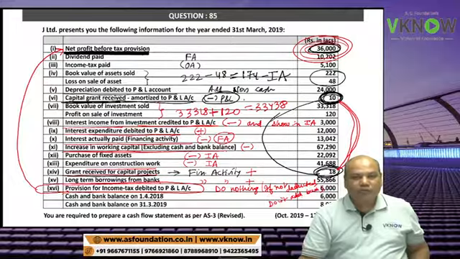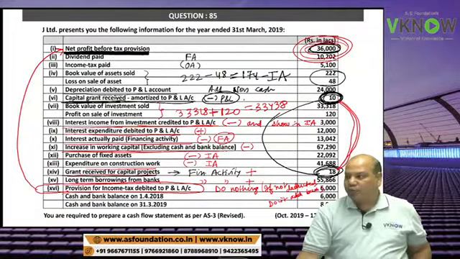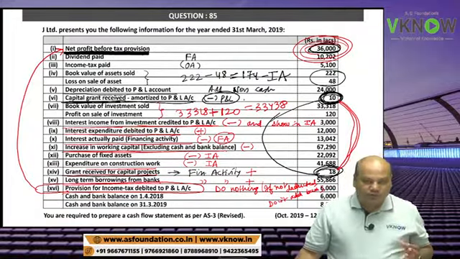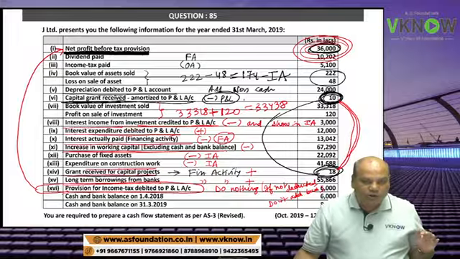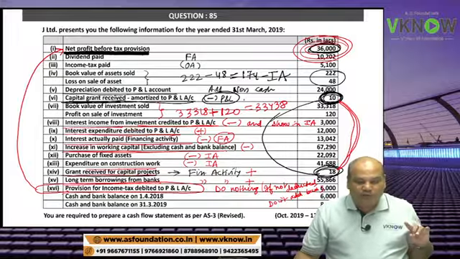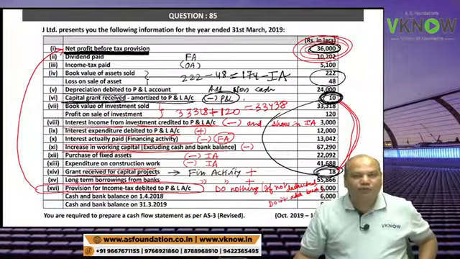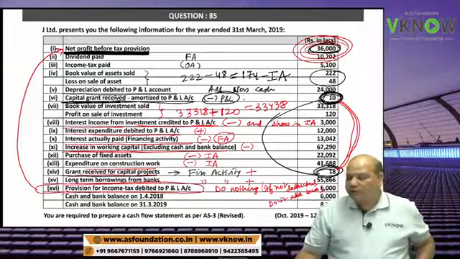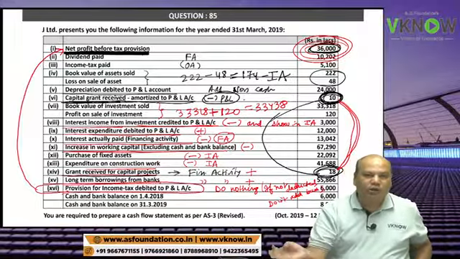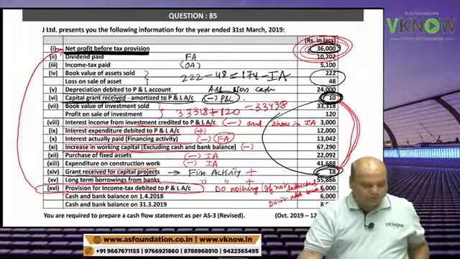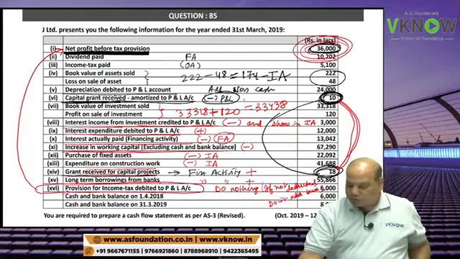When will you add back provision for taxation? Only when it is given profit after tax. But if it is given profit before tax, no need to add back provision for taxation. What is not deducted will not be added back either. Is it right?